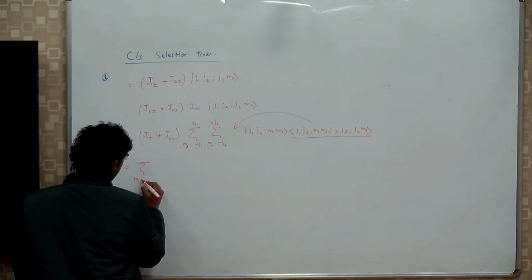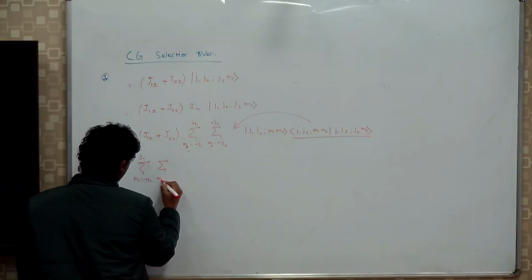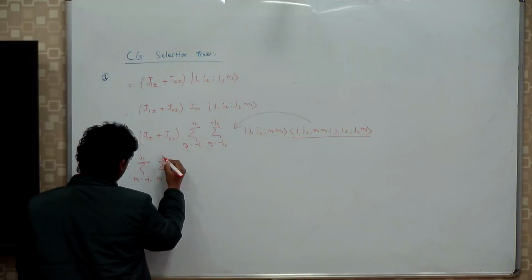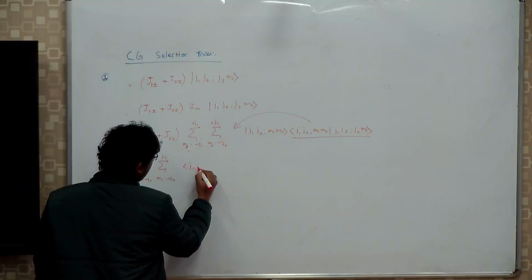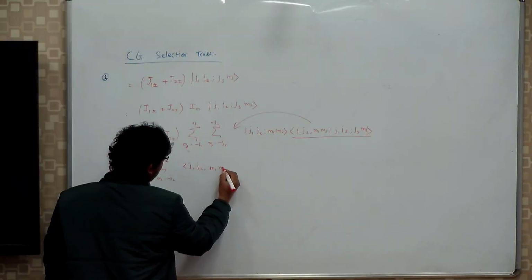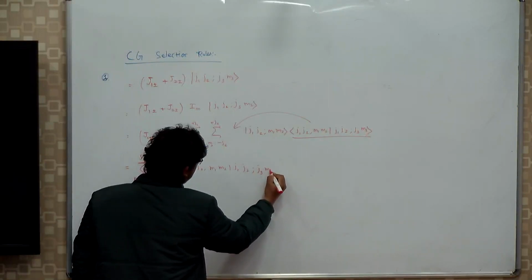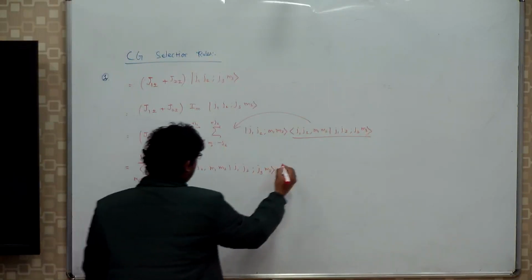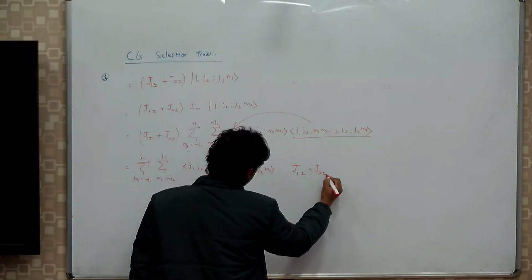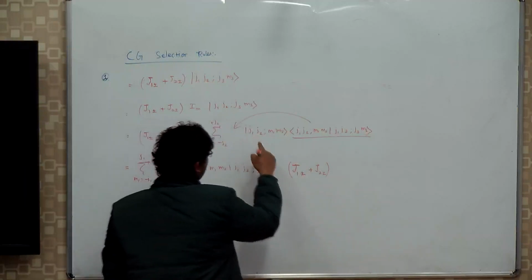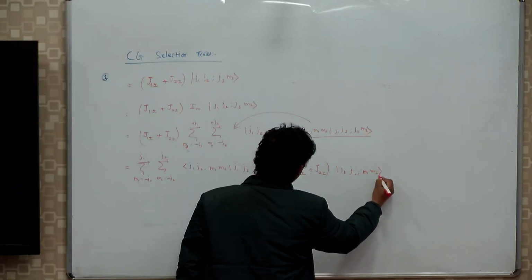Sum over m1 equal to minus j1 to j1, and again sum over m2 equal to minus j2 to j2. Then you take the coefficient j1 j2 m1 m2 j1 j2 j3 m3, and j1 plus or minus plus j2 plus or minus, this state j1 j2 m1 m2.